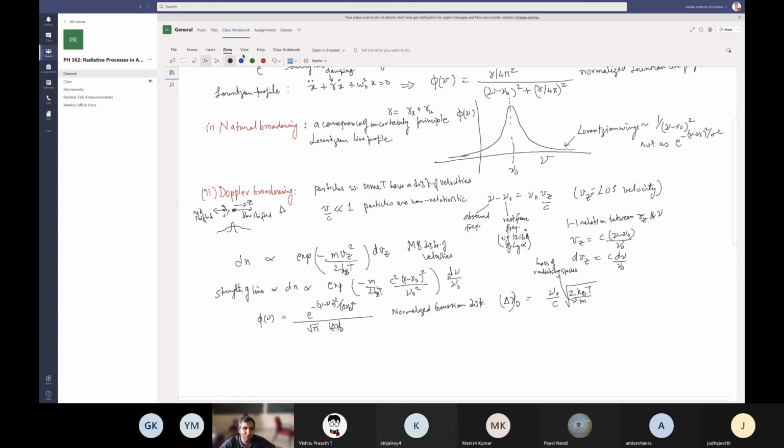So basically, the line profile now, right? This line profile is a Gaussian line profile. Let me actually draw it on the same graph. So this will be like this.